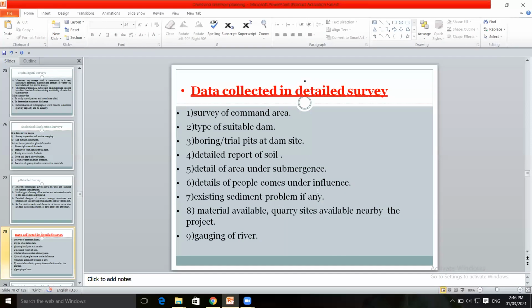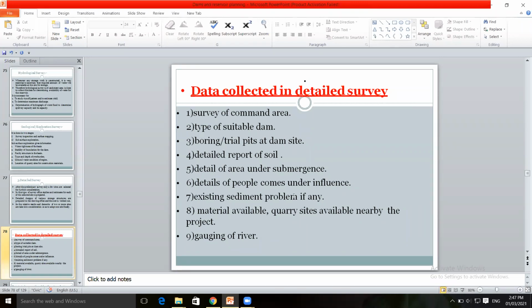Details of the people who come under influence are collected: before construction of the dam structure, whether the area or property of land nearby to this dam site comes under the influence, and what will be the effect on the people residing at the dam site.